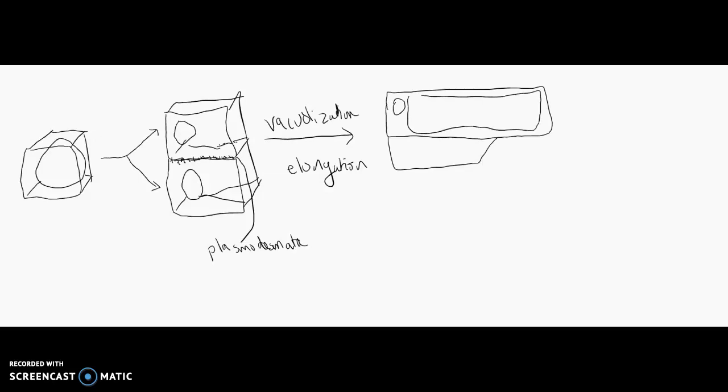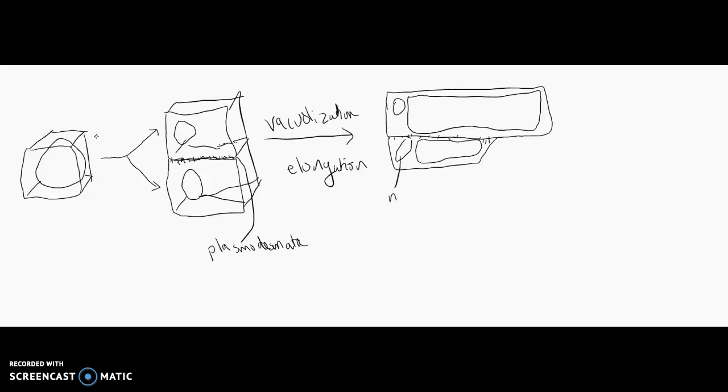So here's that large central vacuole, the companion cell with its large central vacuole. And we still are highly connected through all of those plasmodesmata.